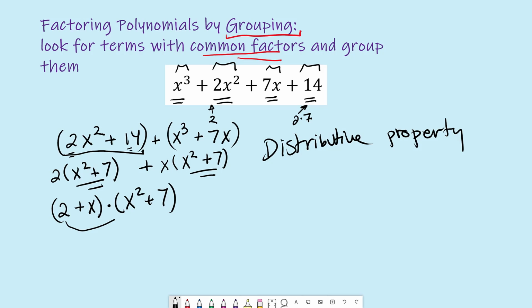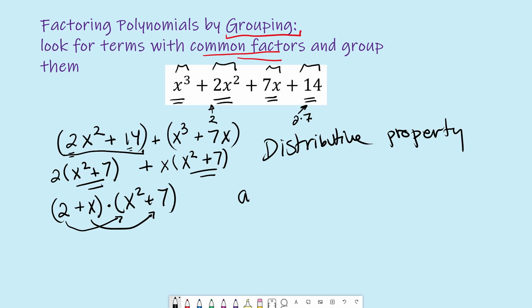Well, because we can take 2 times x squared plus 7 plus x times x squared plus 7, right? So by putting 2 and the x in a parentheses with the addition, we basically get the same polynomial, but except now we actually have a factored polynomial.